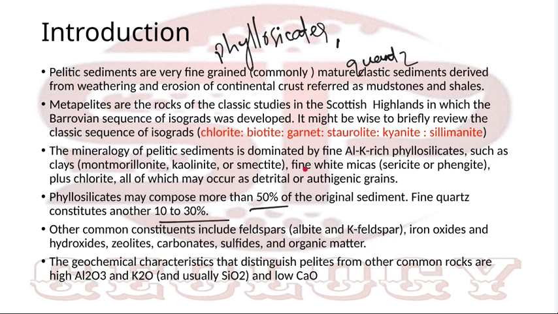Greater than 50% is phyllosilicates, like clay and mica minerals, such as chlorite, illite, montmorillonite, kaolinite. These minerals are there in pelitic sediments. After pelitic sediments undergo metamorphism, they are called metapelites.